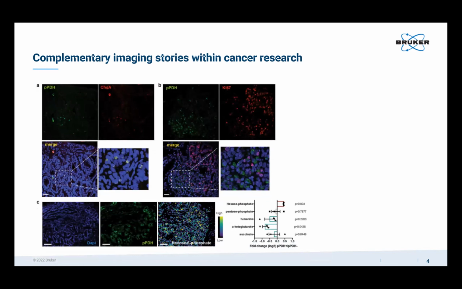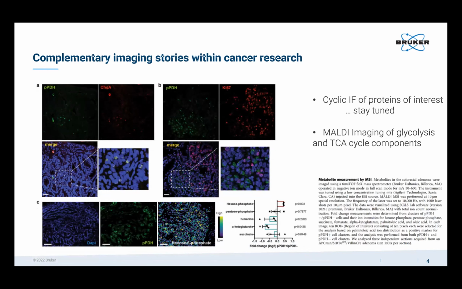You can see some images up here. Everything that's up here, except for this one that says hexose 6-phosphate, everything is non-MALDI imaging. But that small molecule information was critical to being able to put together the full metabolic picture of what was going on. So the protein side of this was done with cyclic immunofluorescence, which I think is a well-known and commonly used technique.